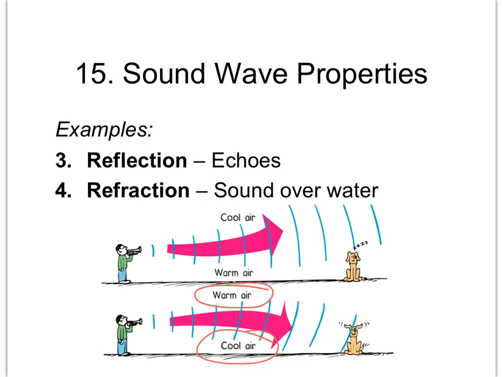And what ends up happening is that causes the sound waves to bend. And so the effect is that you actually can carry your voice very, very well over the lake, because all the sound waves that are initially going up like that, they're going to bend back down, okay, because of refraction. And so it helps to direct a lot of these waves. It helps a voice to carry much further than it normally would when this is not the case.